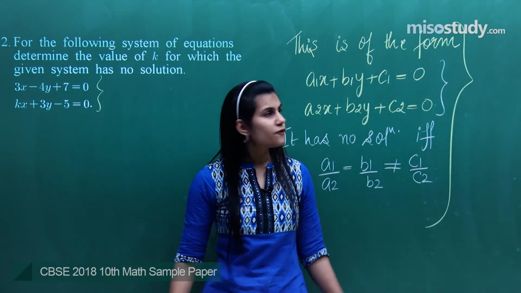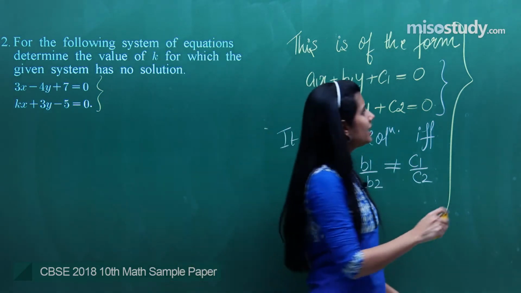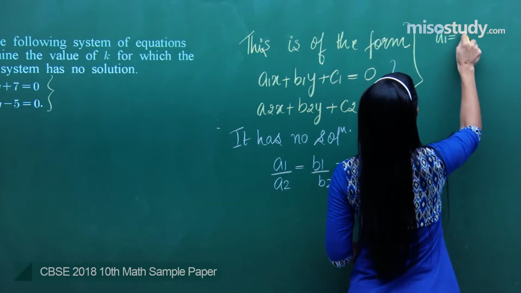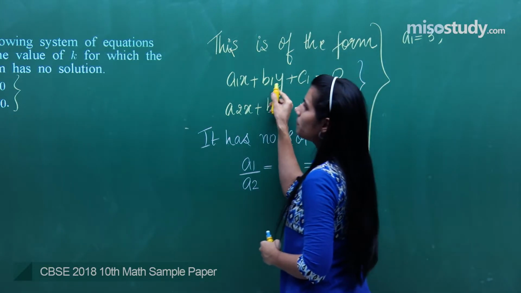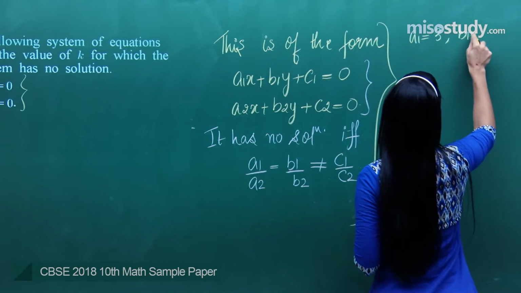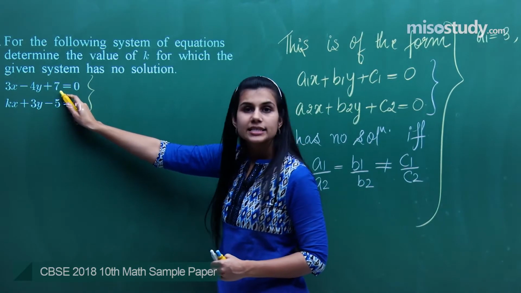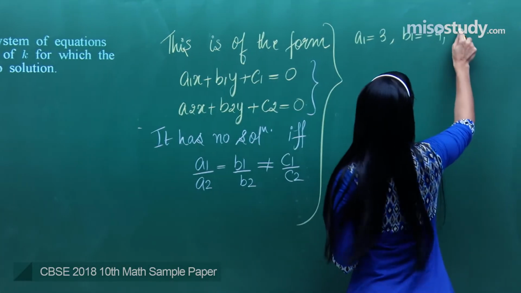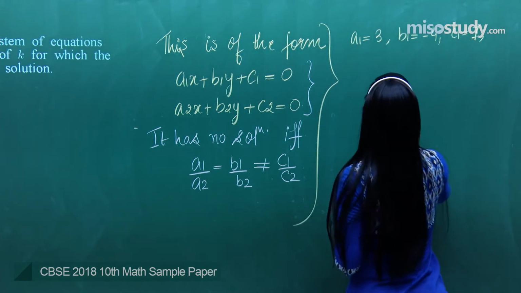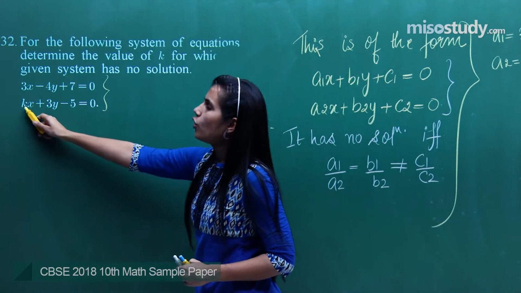This resembles the form of these two equations, where what is your a1? a1 is 3. What is your b1? b1 is minus 4. What is your c1? c1 is 7. Then next, what is your a2? a2 is your k.